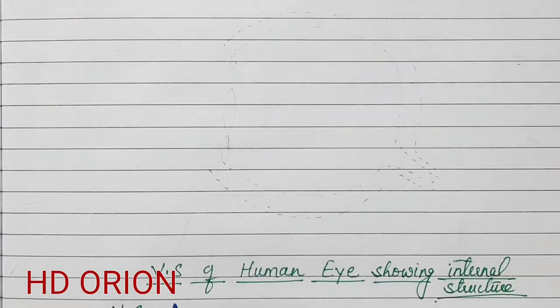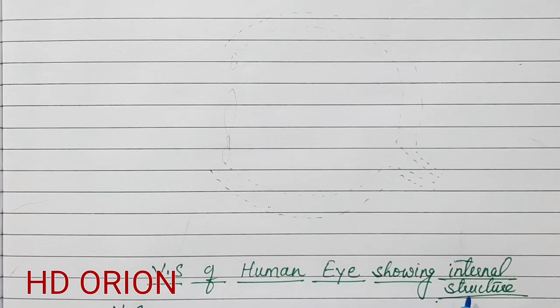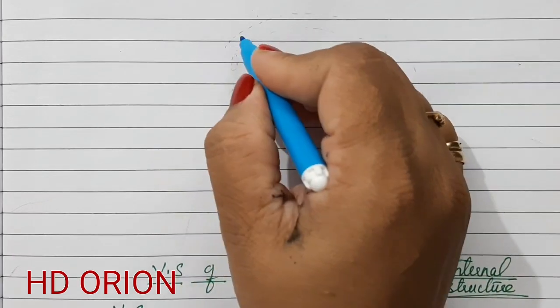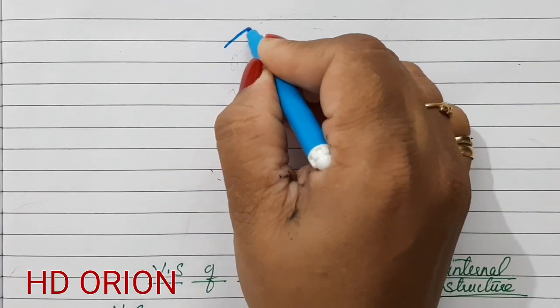Let us now learn how to draw the diagram of a human eye. This diagram shows the vertical section of the human eye showing internal structure. Now the human eye consists of three layers.